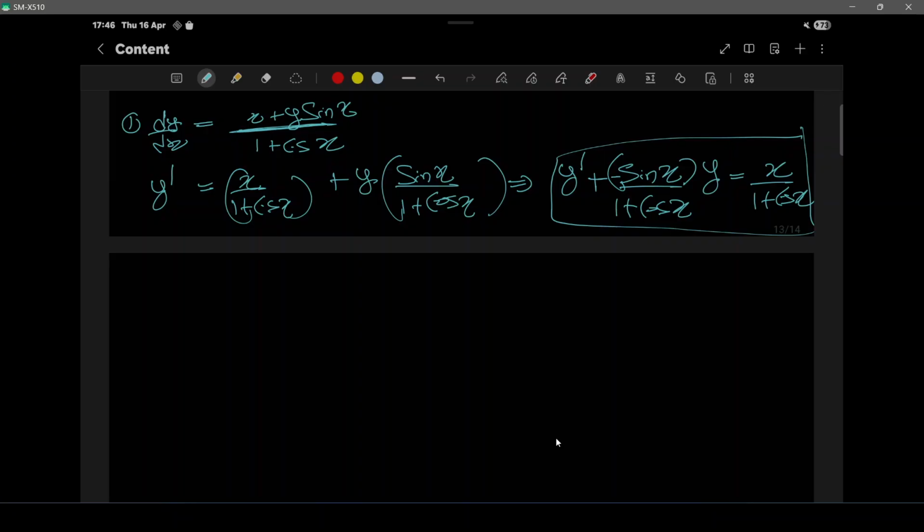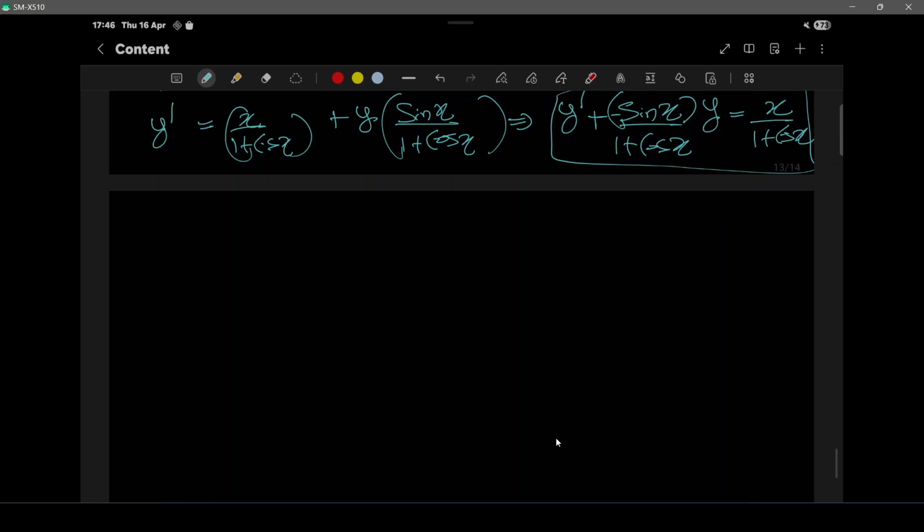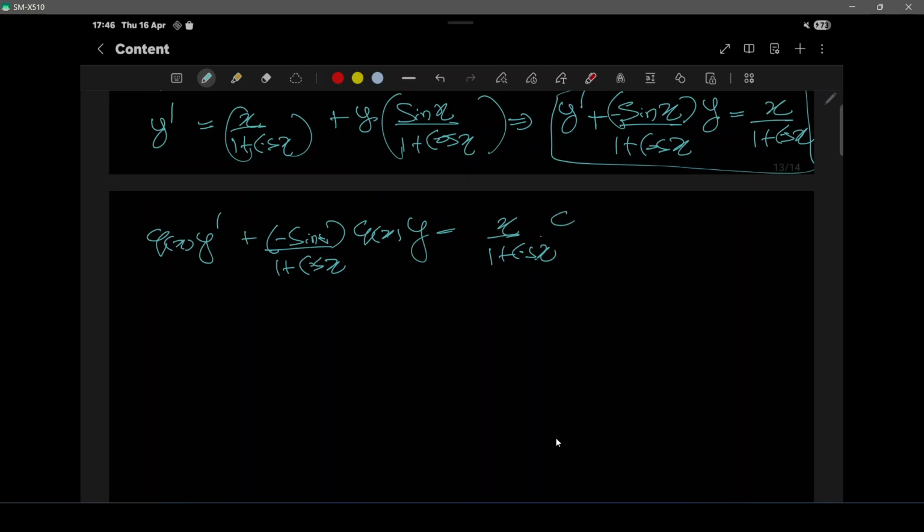Next thing we have to do is multiply the whole equation by Q(x), that means the integration factor. So Q(x) times y dash plus (minus sin x over 1 plus cos x) y is equal to x over (1 plus cos x) times Q(x).